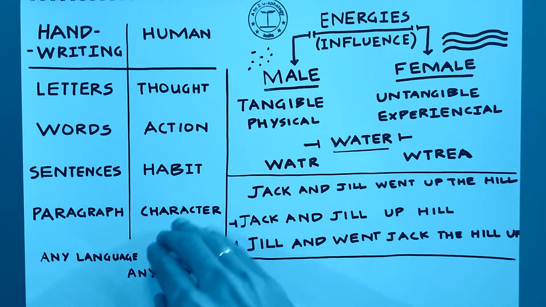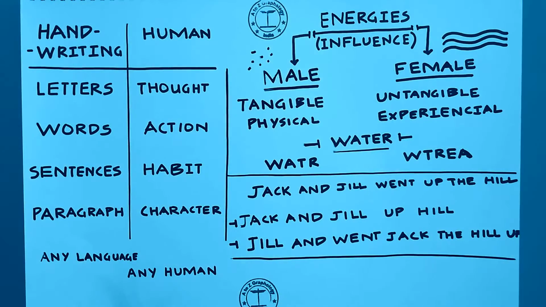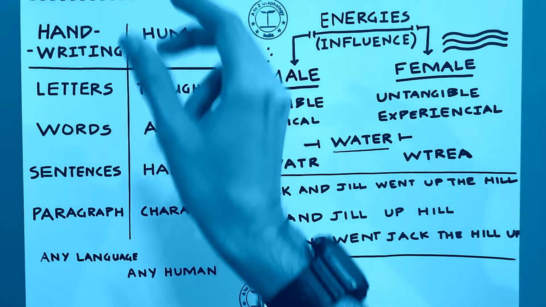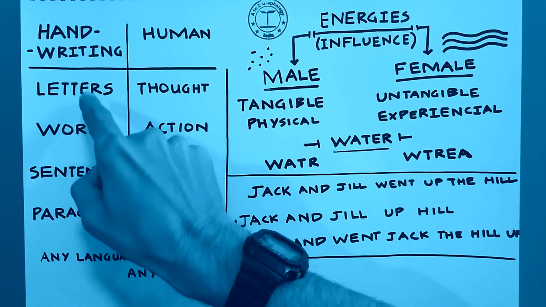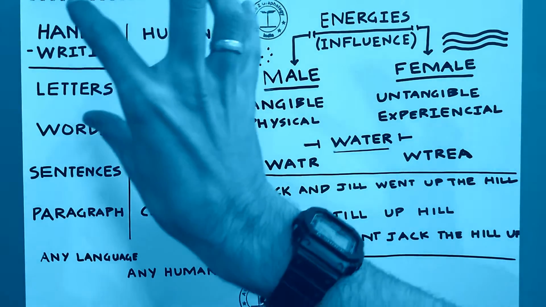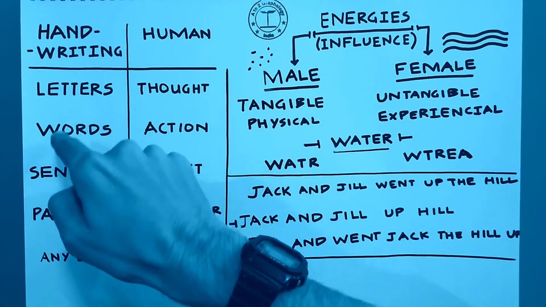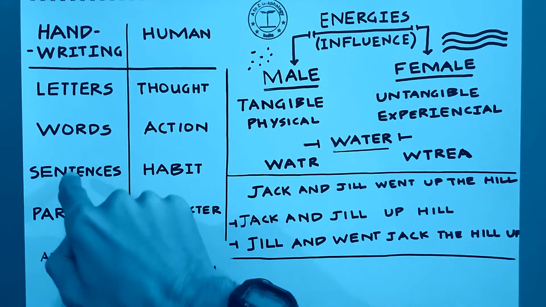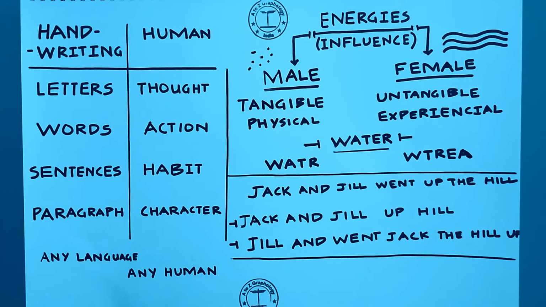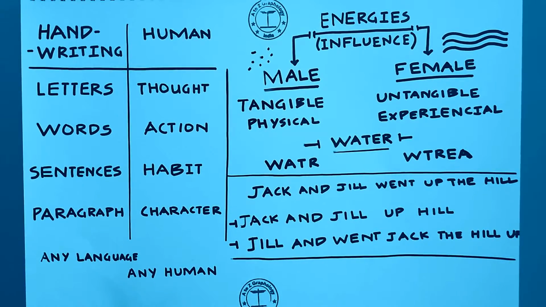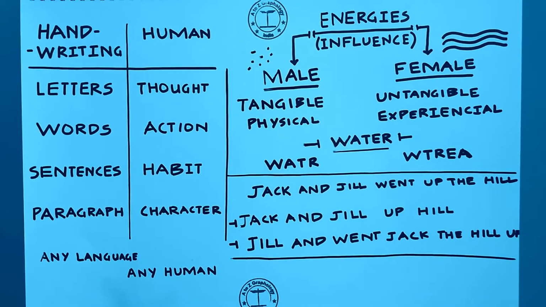So you see, as we go up, the building blocks of our character or our paragraph become smaller and smaller. I'll give you an example. Letters are kind of bricks of our building. The words can be the wall, the sentence can be the room, and the paragraph is the entire building.